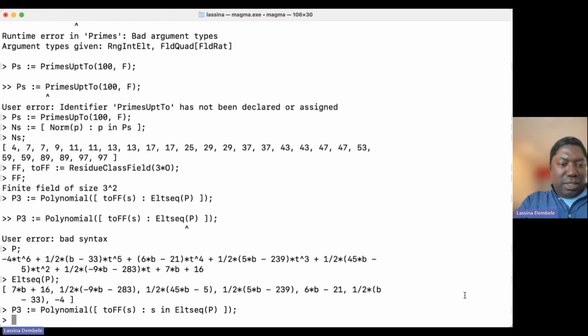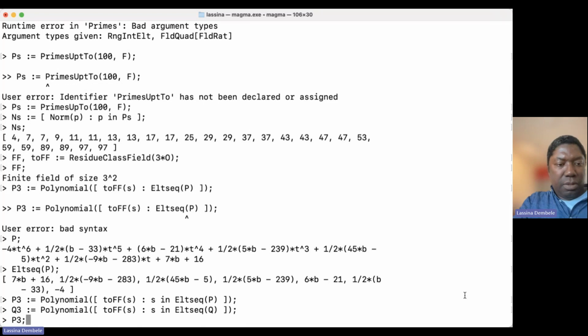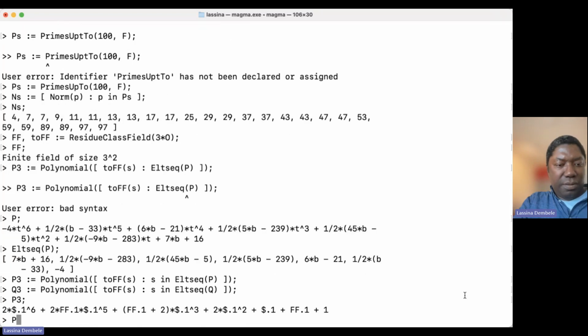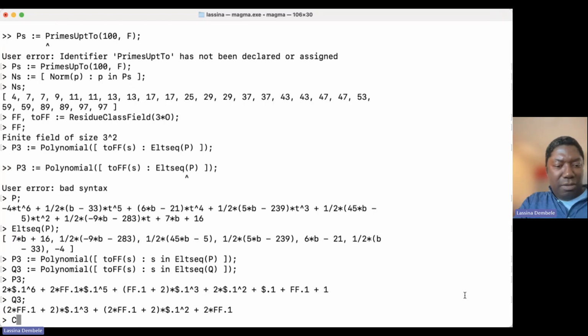So now this gave the reduction of the polynomial P3. We will reduce the polynomial Q. This is P3, this is Q3. And now we can write the hyperelliptic curve P3, Q3.